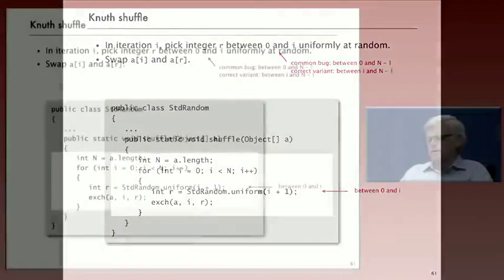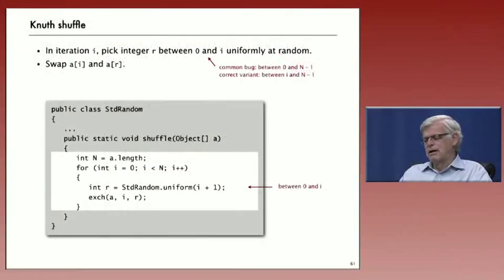And that doesn't really work. You could do the items between I and n minus 1, the ones that you haven't seen yet, and that would also work. But doing the whole array doesn't give you a uniformly random result. So with that one caveat, this code is almost trivial. And it's a method in our standard random class.